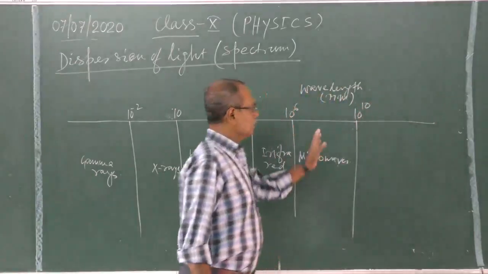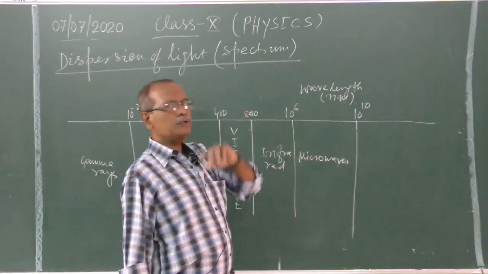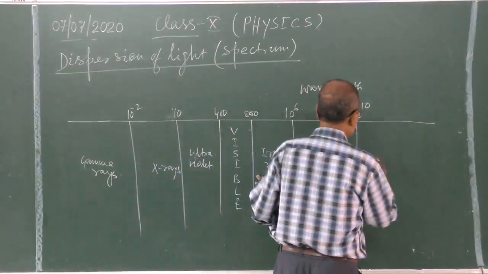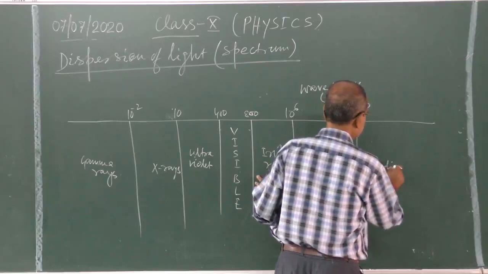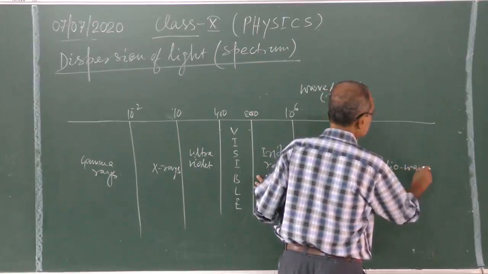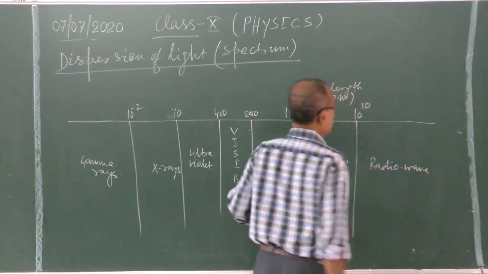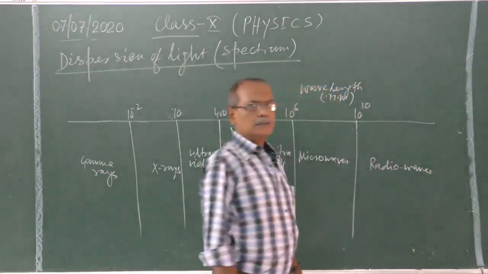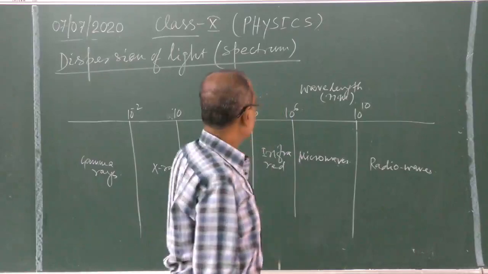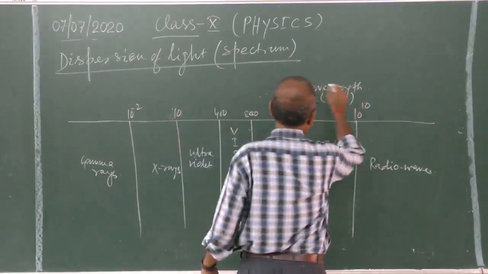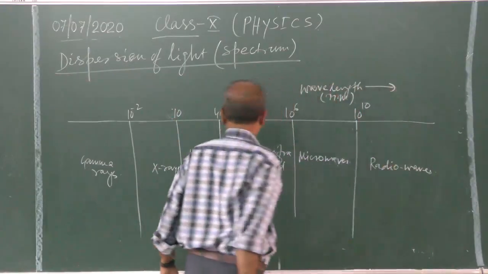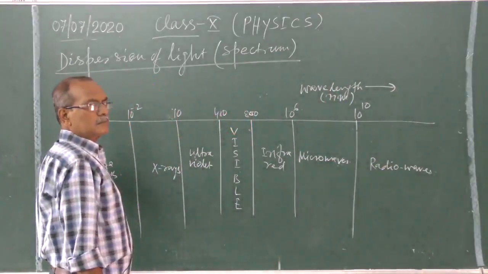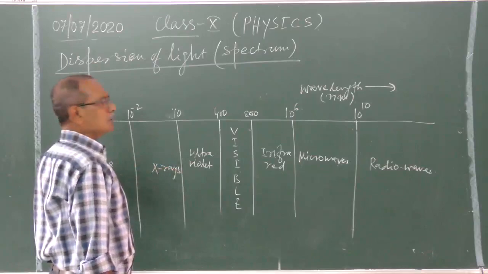And above 10 to the power 10 nanometer, it is radio waves. So this is the increasing order of the wavelength.